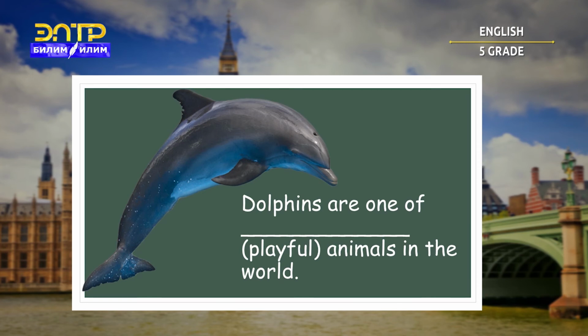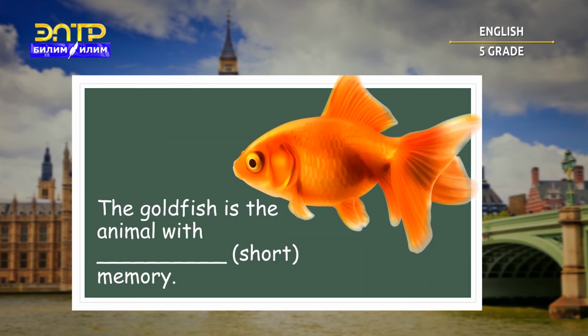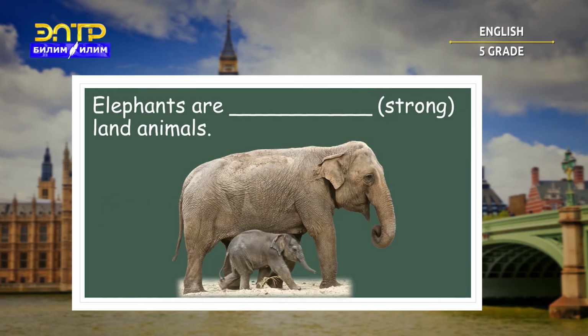Let's check if you have finished. Dolphins are one of the most playful animals in the world. The goldfish is the animal with the shortest memory. Elephants are the strongest land animals.